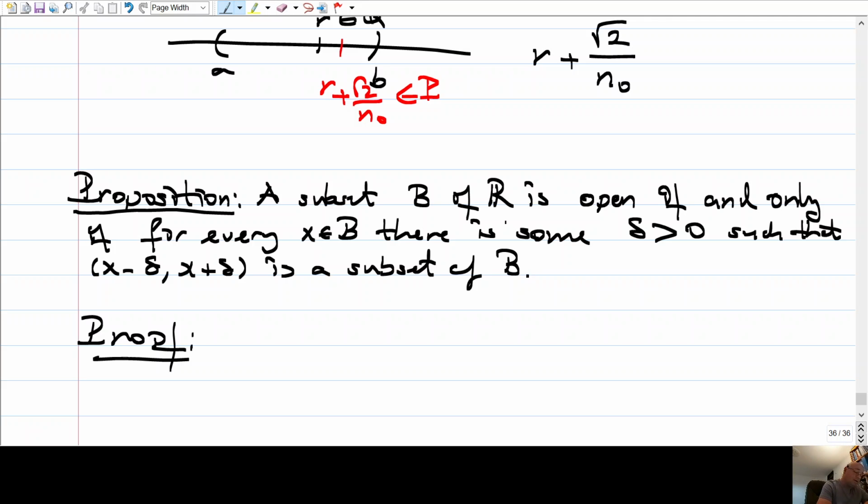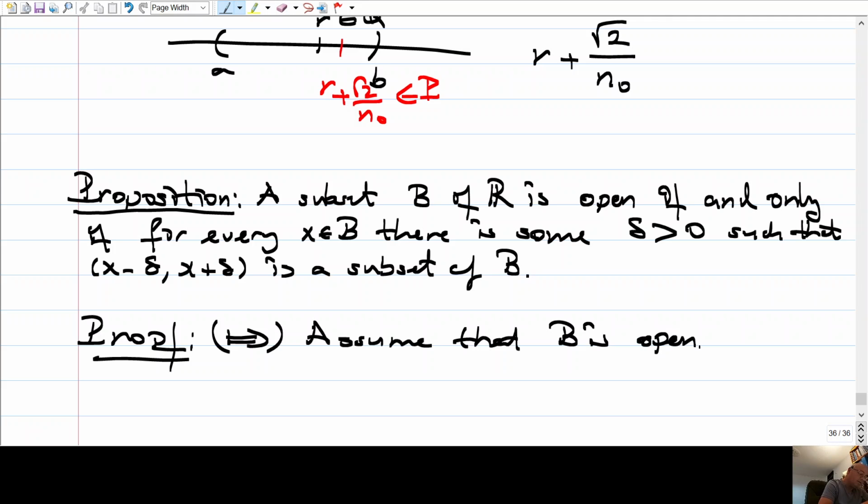Let's start from this direction. So assume that B is open. Now I have to prove the following. For any x, there is some delta, so that (x minus delta, x plus delta) lies inside B. So let x in B be given.